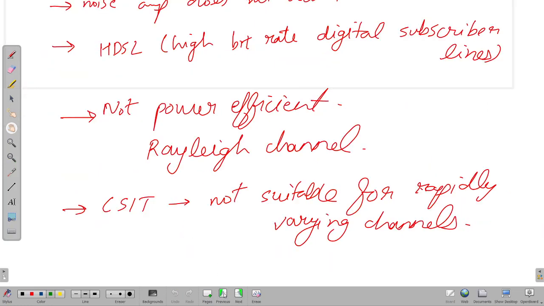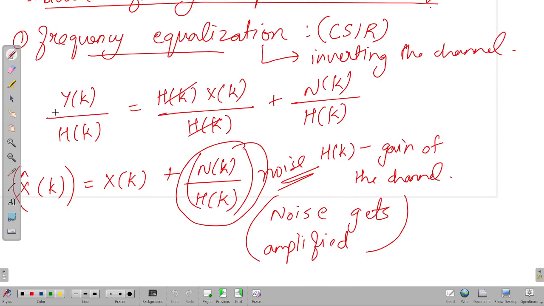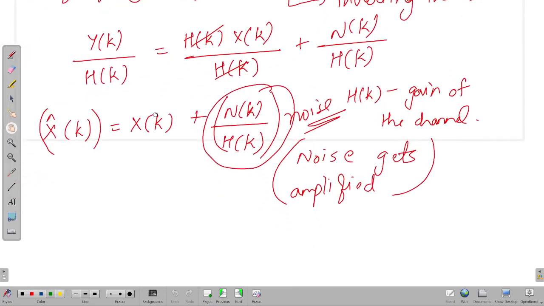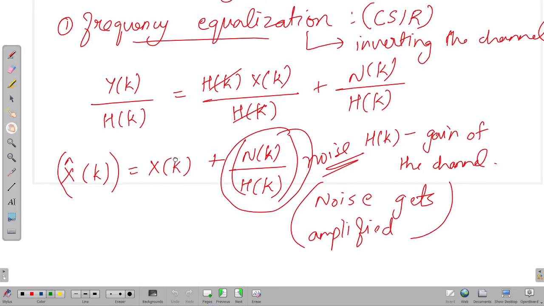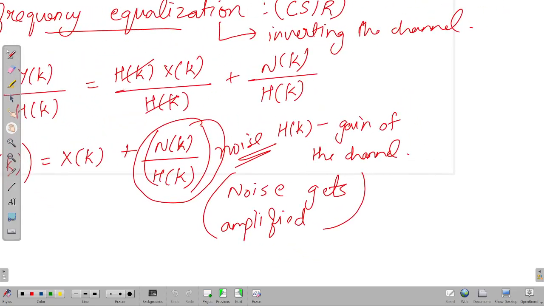So let me just mention a point here. Frequency equalization is the most commonly used method, even though there are a lot of improvisations for it. This type of receiver, which does this kind of estimation, is called frequency equalization.